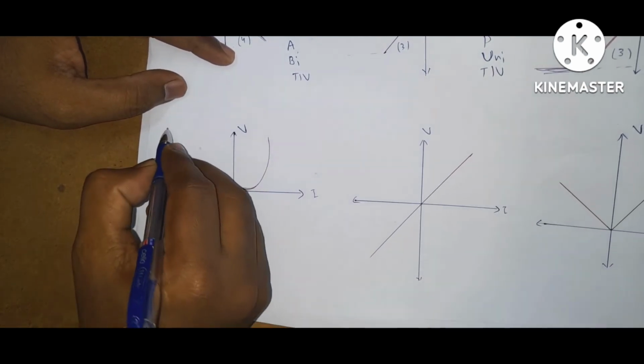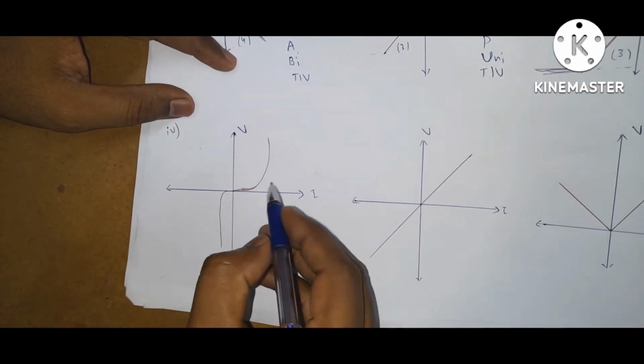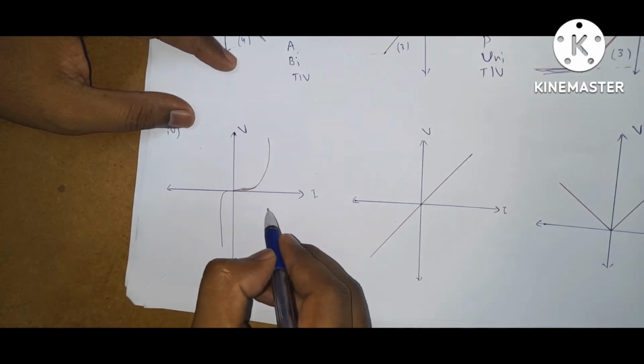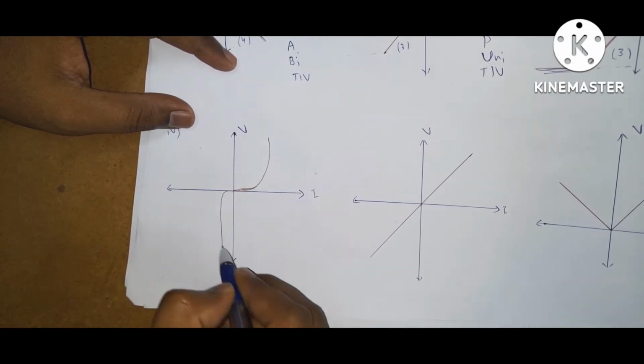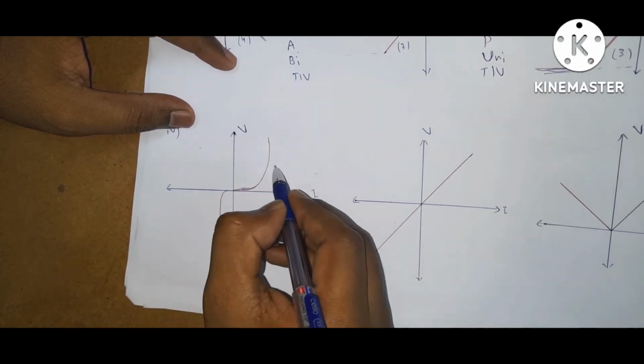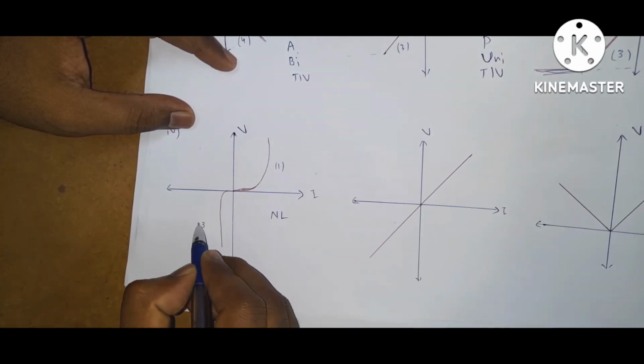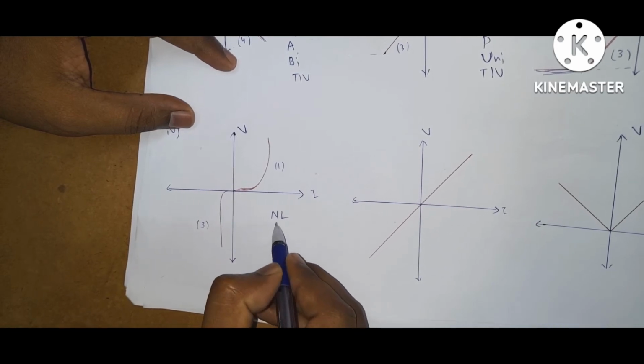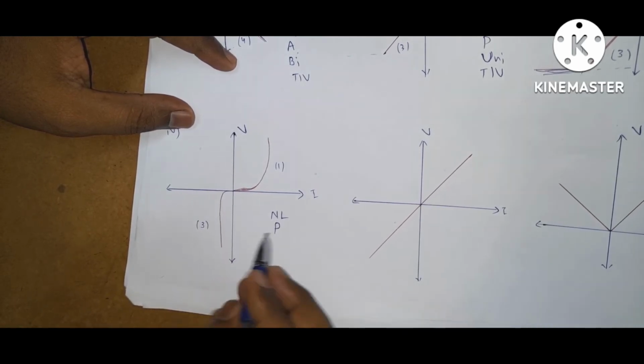Next, coming to this graph, we can say easily it is non-linear because it is exponential in nature. The characteristics lie in the first coordinate as well as the third coordinate, so it is a passive element.